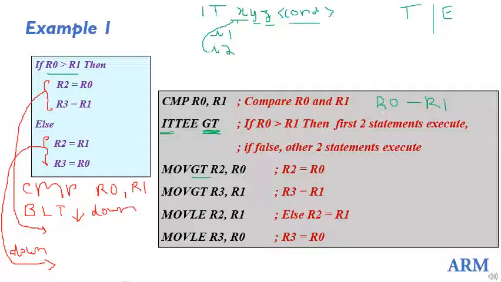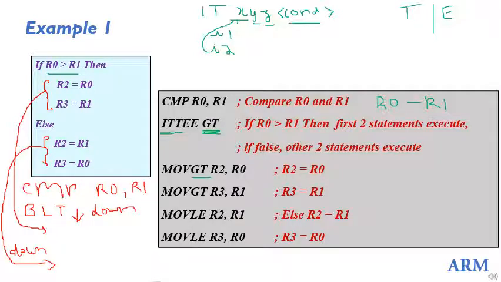The second instruction is R3 equal to R1, MOV R3, R1. This will be executed if the condition is true, so the condition symbol here should be T. T is when the condition is true, then that statement will be executed.